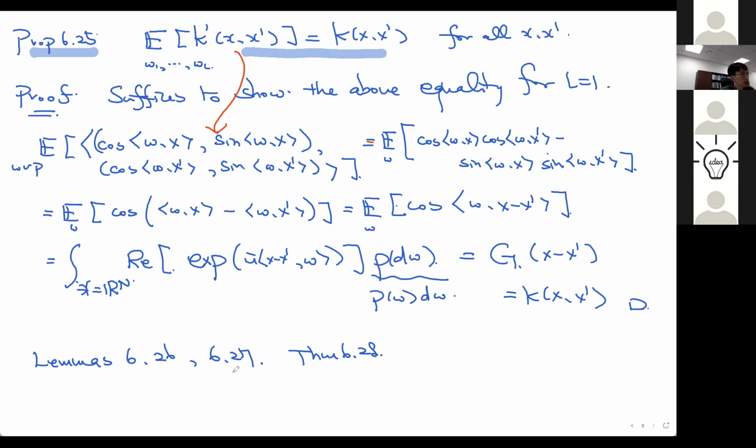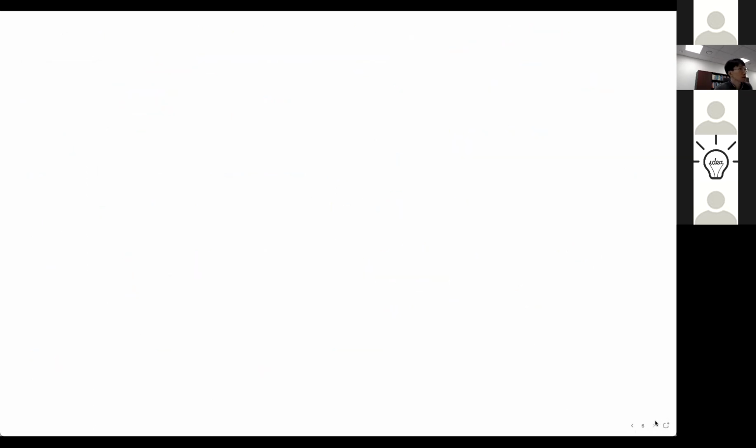But I found that looking at 6.26 and understanding its proof is quite useful to understand what's really going on. But you don't have to, just in case you are interested. Okay, so that's the first topic, and then let me move to the next topic.